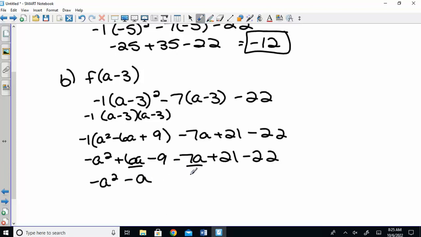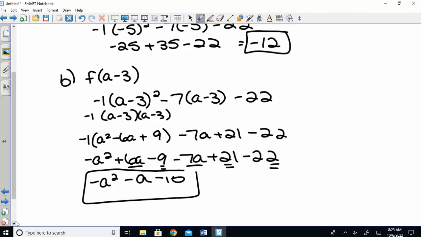So we have -a squared plus a plus 10. You can't just drop it, but you could have -1 parentheses a squared minus a minus 10. I did get it wrong, and it's all because of the sign, the negative out in front. I didn't distribute it. I forgot about FOILing.